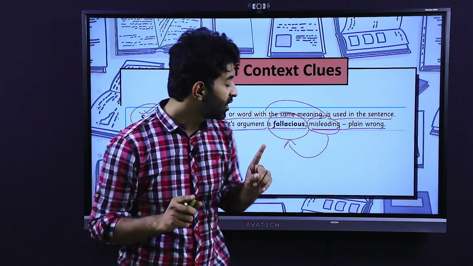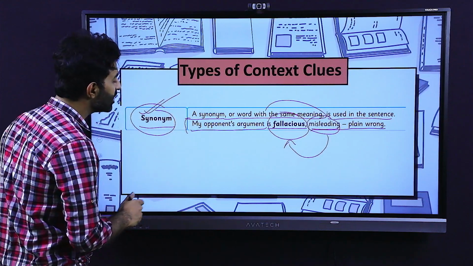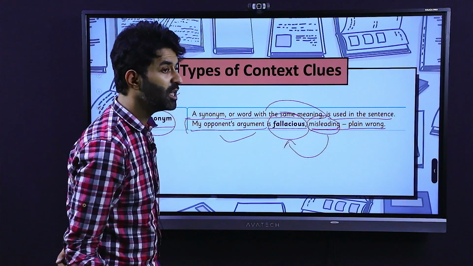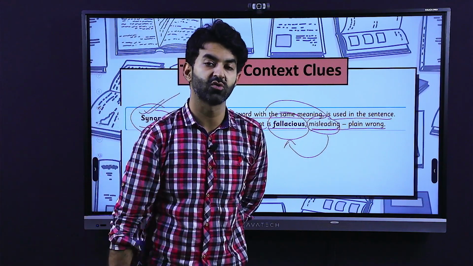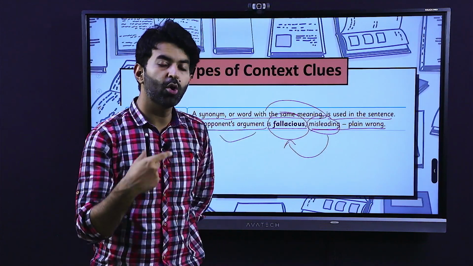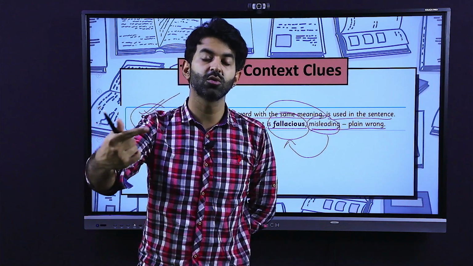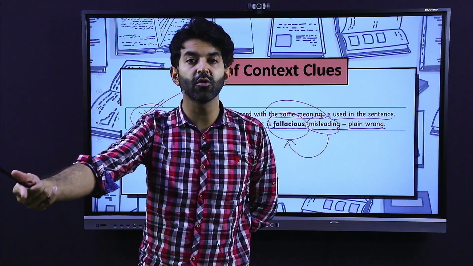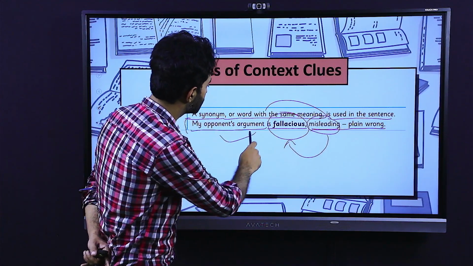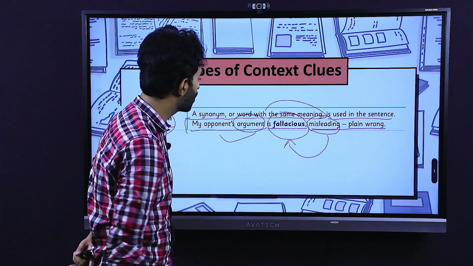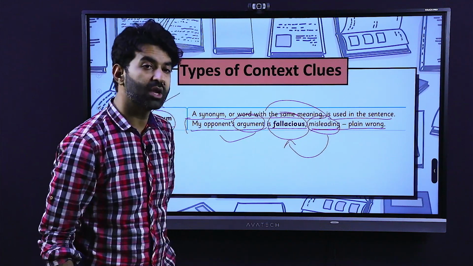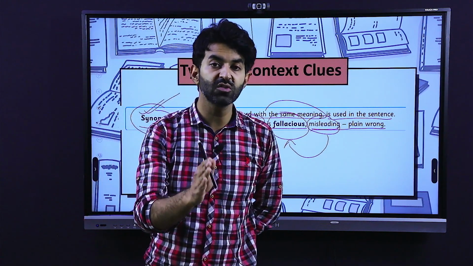So the writer is saying my opponent's argument, suppose they are in a speech, actually they are in a debate, and the person is saying my opponent, the person who is on the opposite point of view or perspective, is fallacious. His or her arguments are fallacious, which means he or she is misleading you.